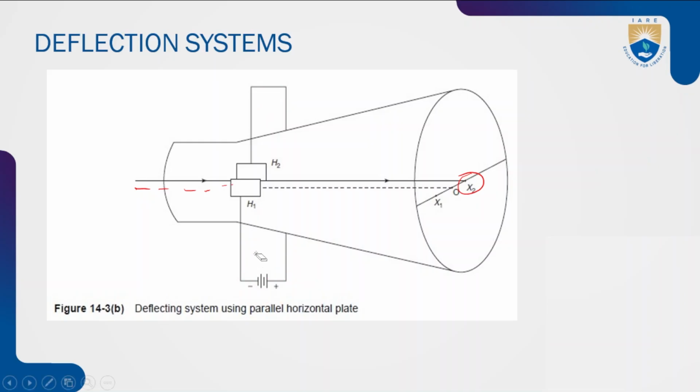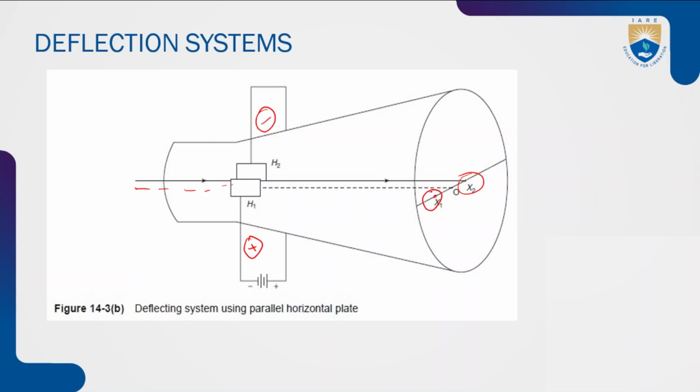Similarly, if you change the potentials of H1 and H2, so that H1 is connected to positive polarity and H2 is connected to negative polarity, then as the polarities change, the electron beam spot will be produced at the point X1.